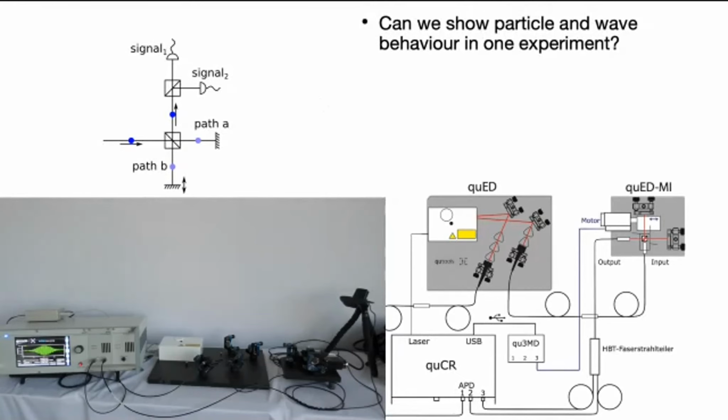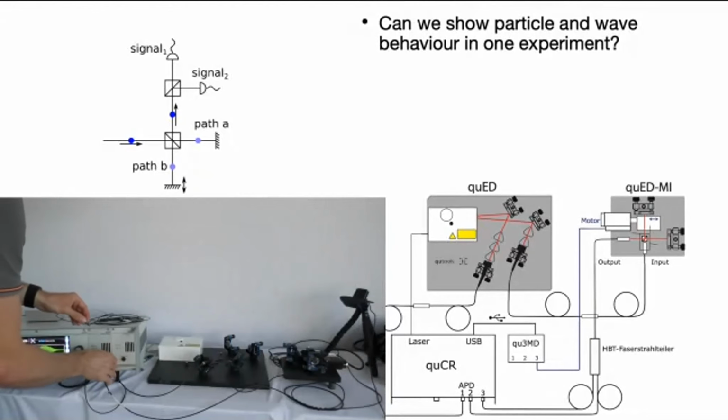You've seen me do that before when we showed that there were single photons, or heralded single photons, coming out from the down conversion source. So I will connect the output of the interferometer to the input of this fiber beam splitter.